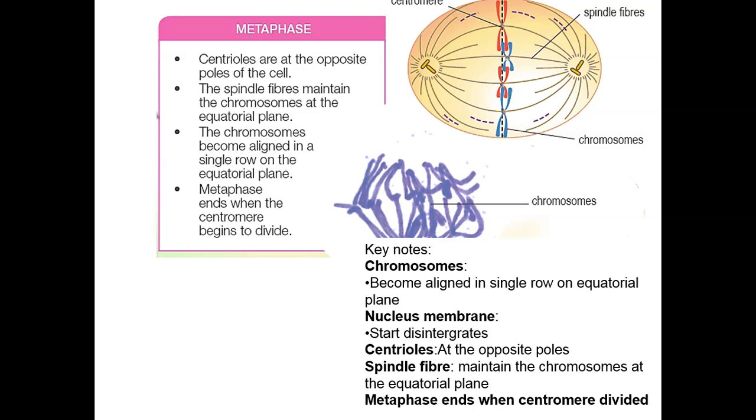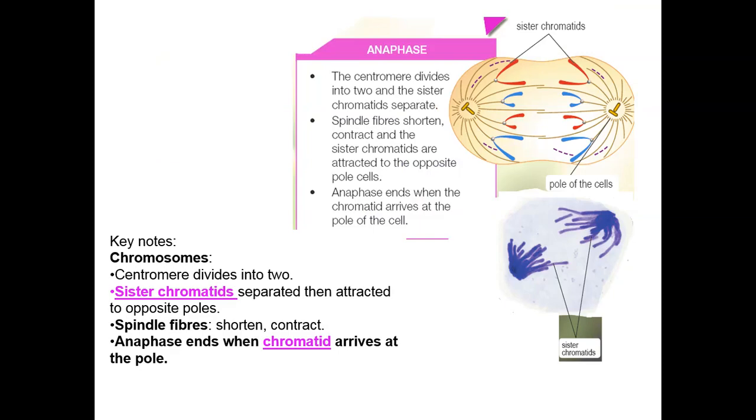Okay, next after metaphase, it goes to anaphase. Anaphase is the phase when the chromosomes start to divide. Alright, the centromere divides into two. You see now, the structure of the centromere will be split into two, which is attached to the spindle fiber there.